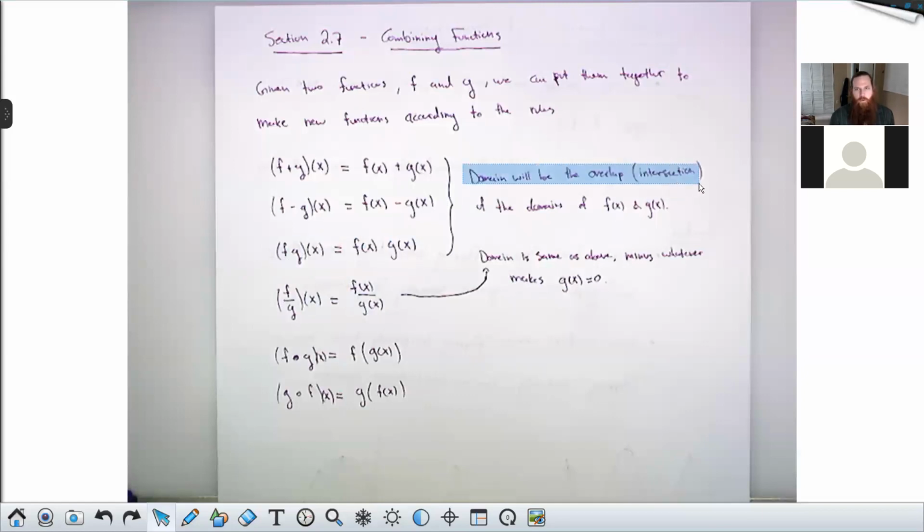So this says the domain will be the overlap, parentheses, intersection, close parentheses, of the domains of f and g. And then this says domain is same as above minus whatever makes g of x equal 0. Yeah, Lily's got it. So after the word above, the word here is minus.